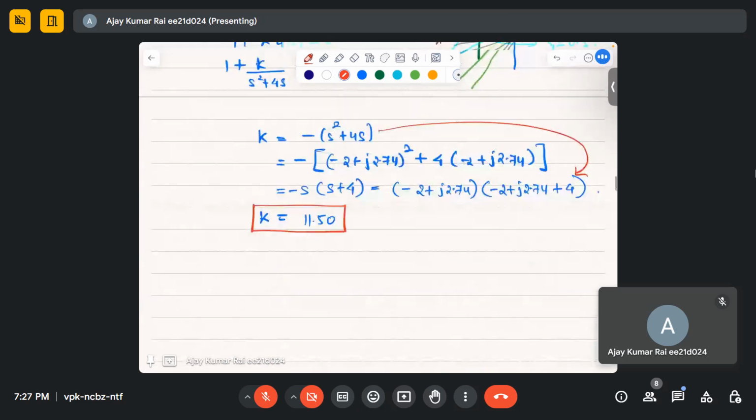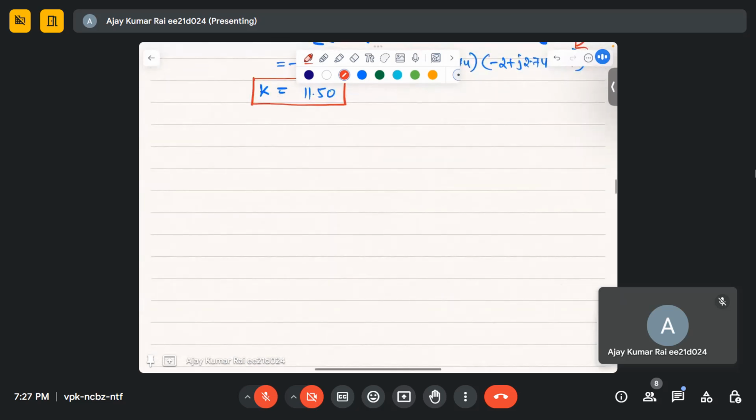Let me again redraw the root locus and explain what we have done. This is 0, and our root locus was like this. This is 2.